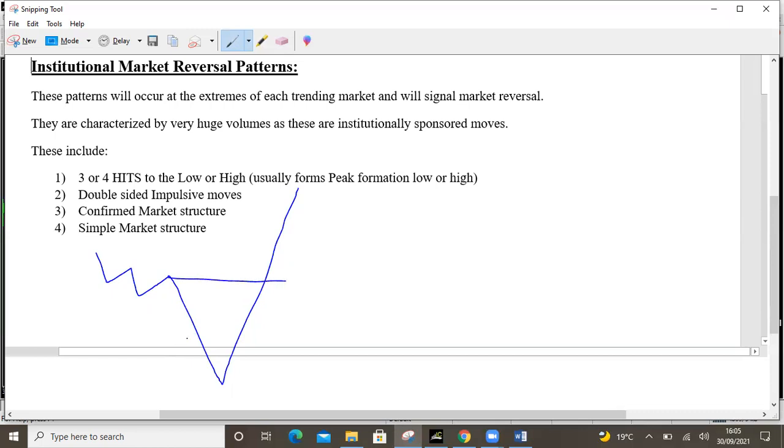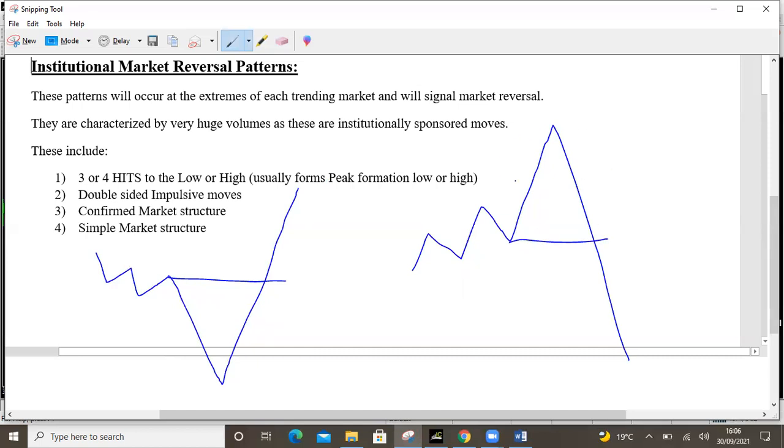Okay, this is what we call the double-sided, meaning these huge volumes on this side and huge volumes on the other side, and on the buy side, they break structure. If you're from a buying cycle, so the market moving upward, then all of a sudden there's a very huge spike to the top, and another one to the bottom side, and the one that goes to the bottom side breaks structure.